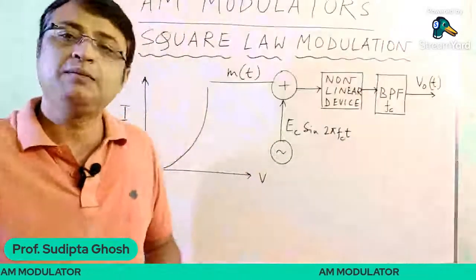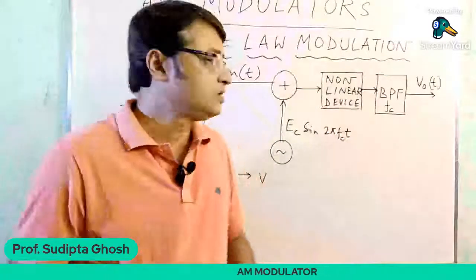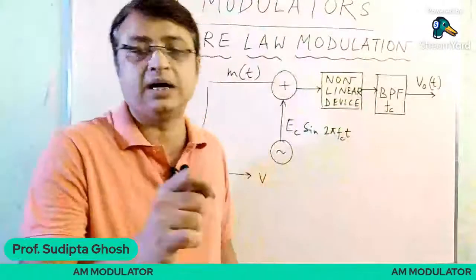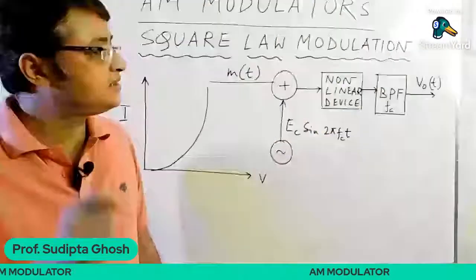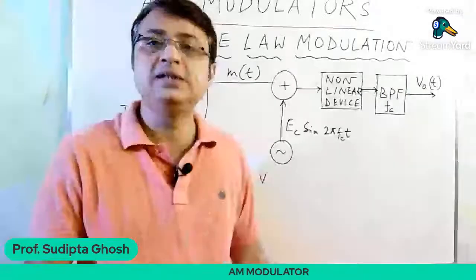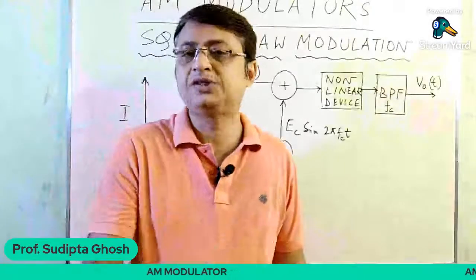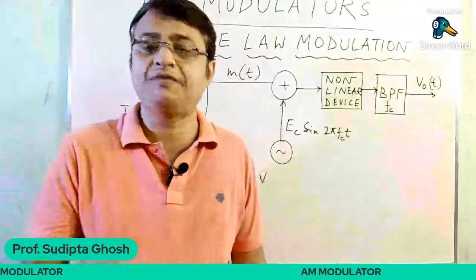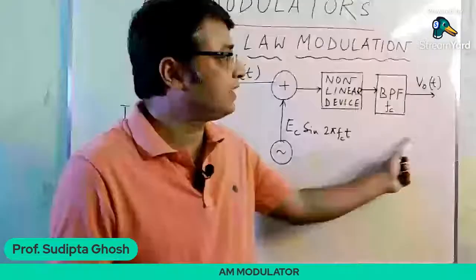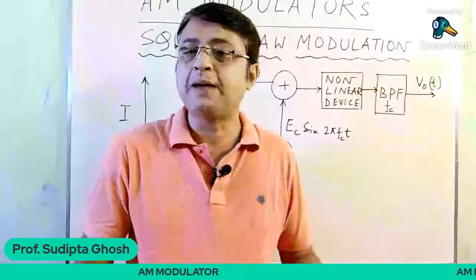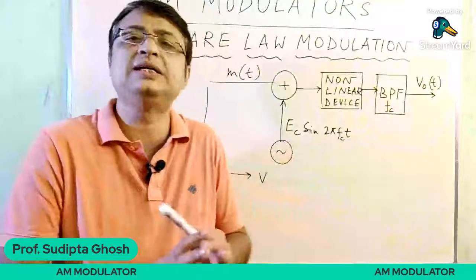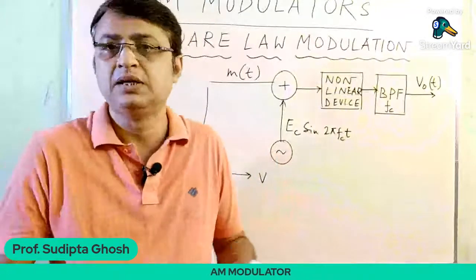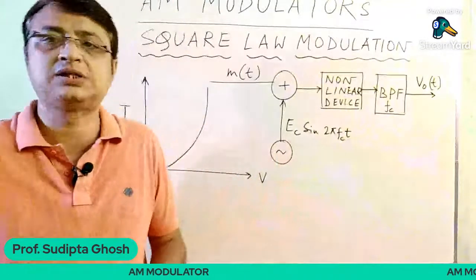So the output of the nonlinear device is fed to the band pass filter, which is tuned to the frequency of the carrier. Actually it will be twice the carrier frequency, and then we will get the amplitude modulated wave. So it is basically a most simple circuit to be used as an AM modulator.